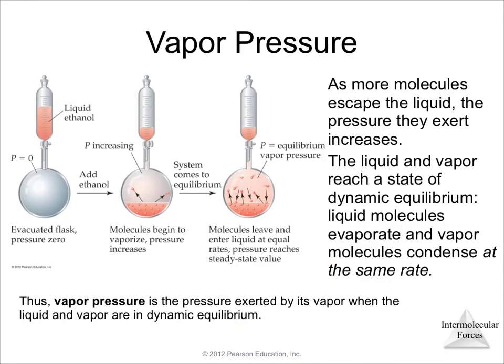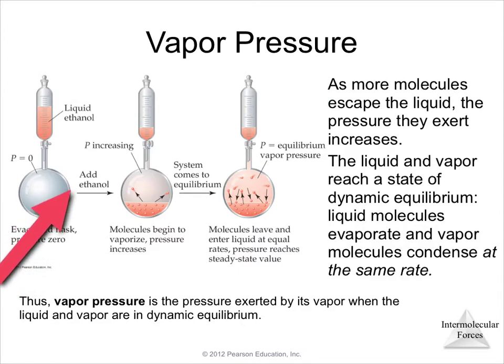Okay, so in terms of vapor pressure, as more molecules escape the liquid, the pressure they exert will increase. Remember, we talked about vapor pressure last year in terms of this dynamic equilibrium. Specifically in this case, we're looking at ethanol.